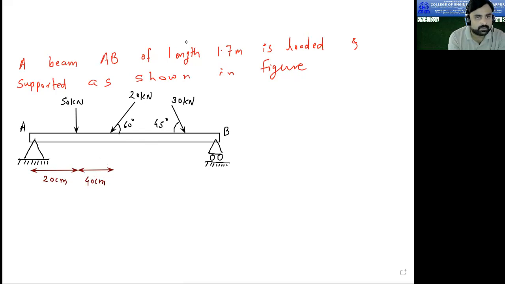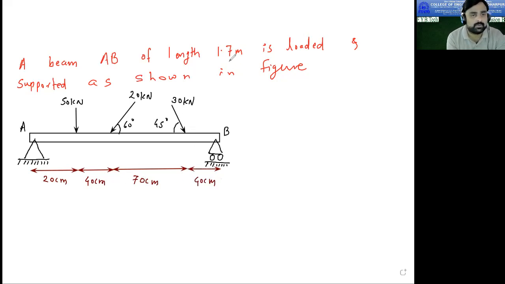And then the distance between these two loads is 70 centimeter. And at last, this is again 40 centimeter.